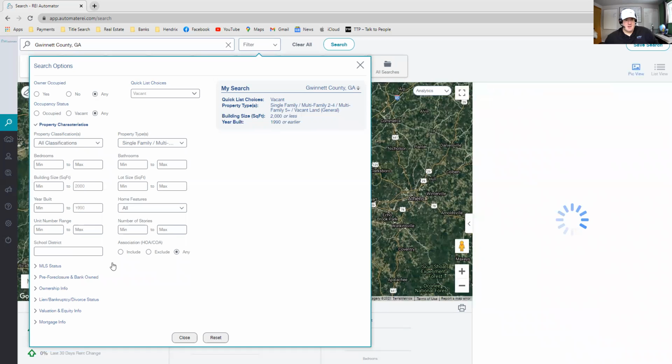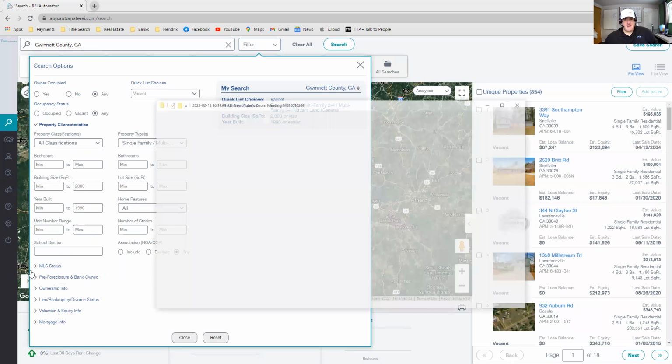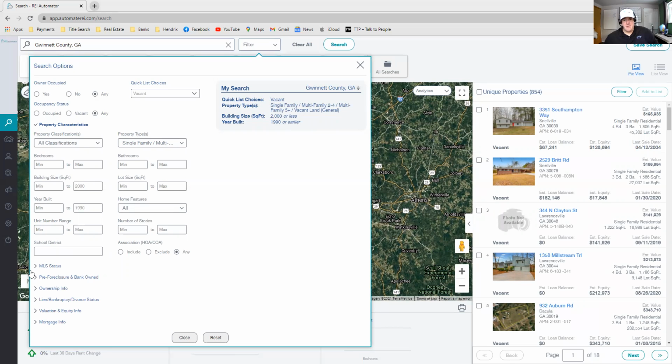It just helps you weed out properties that are going to be newer. And the newer the property, obviously, it's less likely that the property is going to be distressed. So then they're less likely to maybe go for a cash offer.